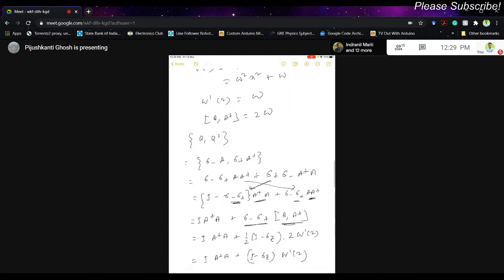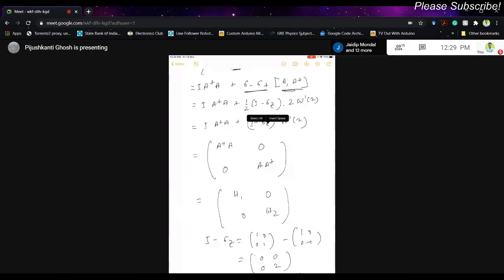ওকে, এখানে দেখো আমি সিগমা জেড এর কমিউটেটর করছি। A dagger A commutes with the first term, then there is a second term, it's there only sigma z and I, so it commutes with sigma z.